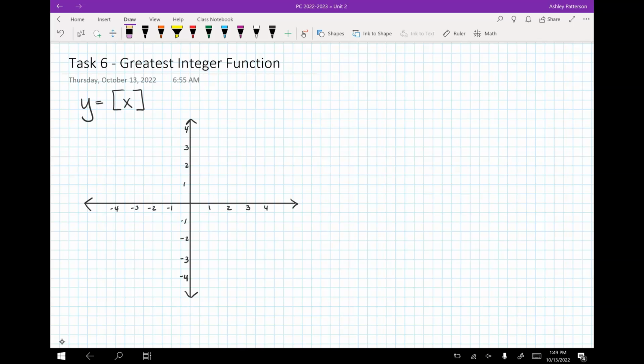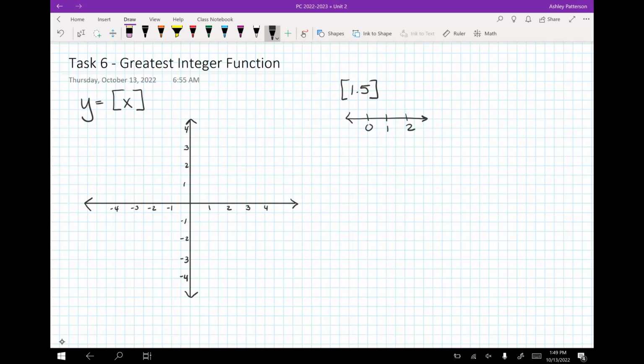Now, the greatest integer function has a function. Its function is to bring whatever the input is to its greatest integer that it has passed.